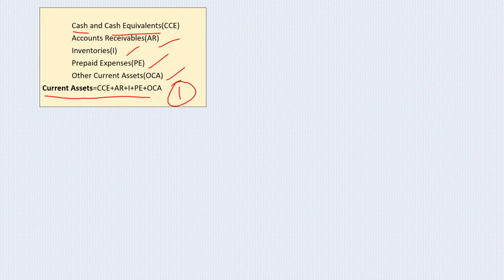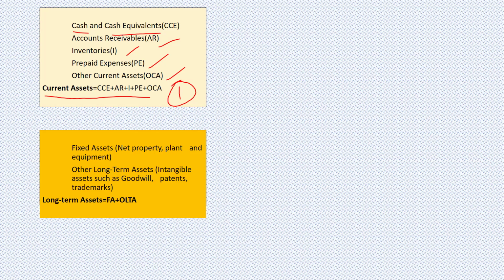So the next important component of balance sheet is the long-term assets, and those are less liquid assets and not expected to be converted into cash within 1 year, and that includes fixed assets such as net property, plant, and equipment, and other long-term assets such as intangible assets, goodwill, patent, and trademark.